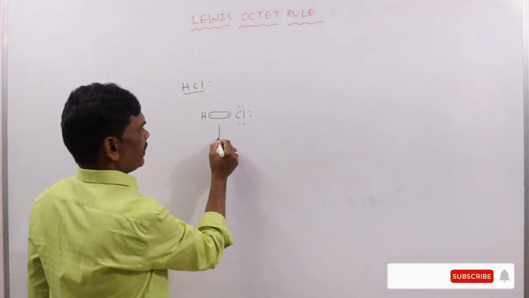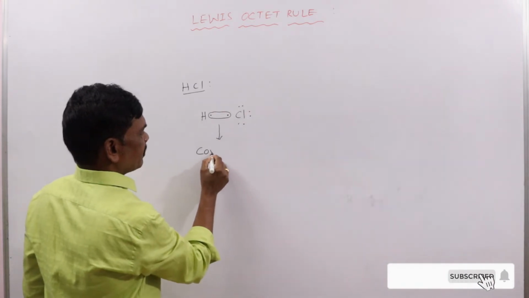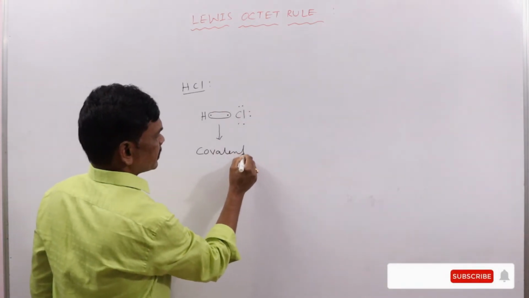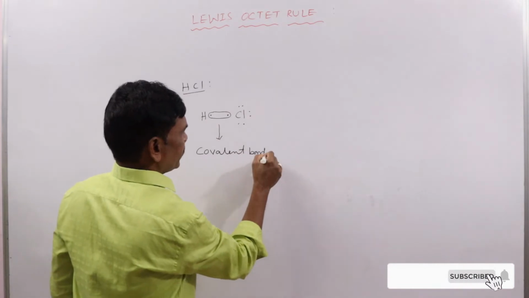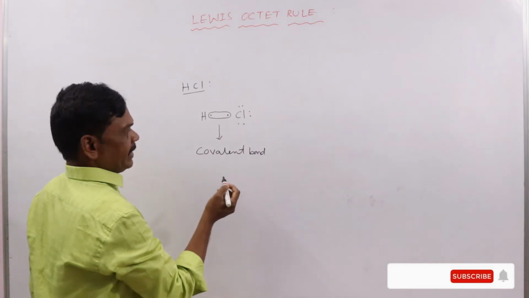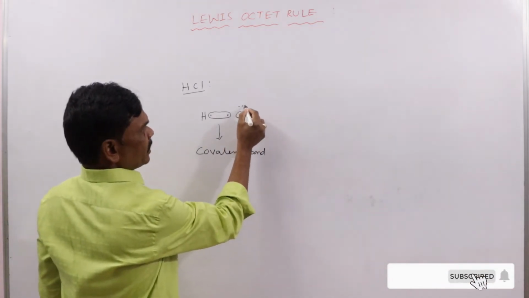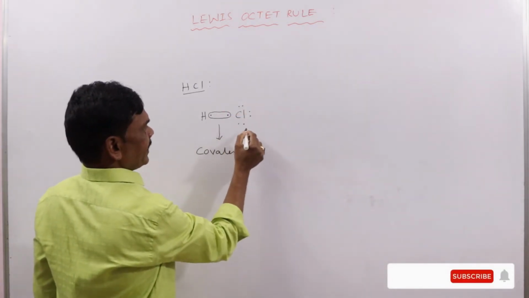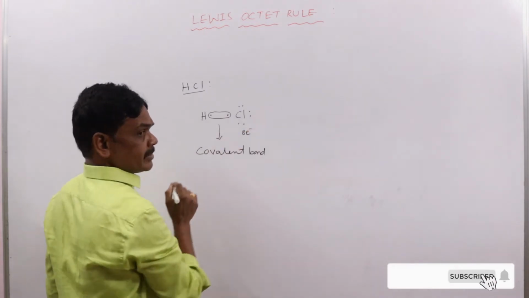This is the bond we know, a covalent bond. Here chlorine has 1, 2, 3, 4, 5, 6, 7, 8. So how many electrons? 8 electrons.